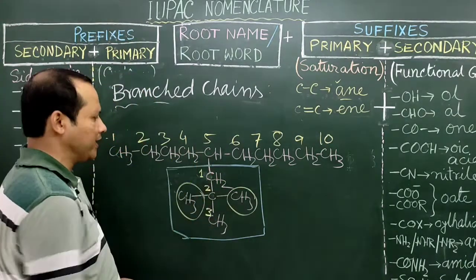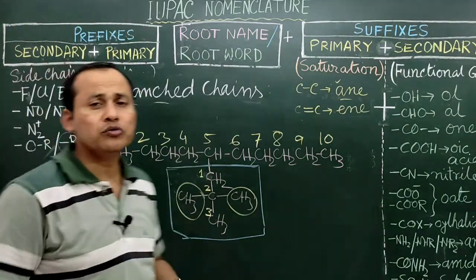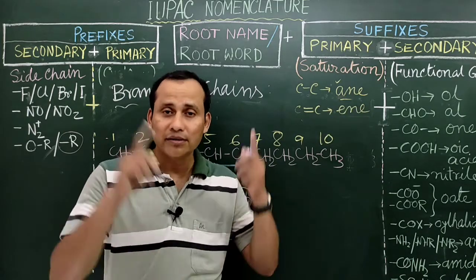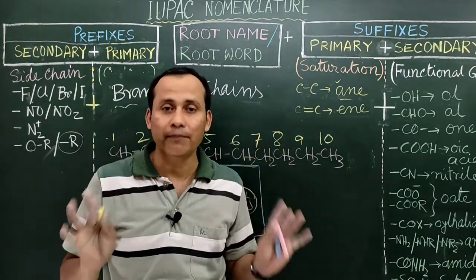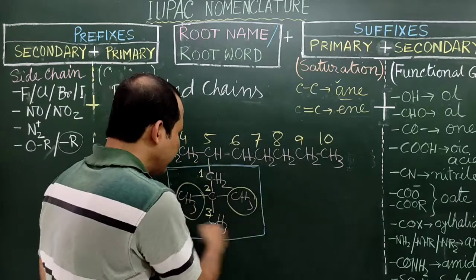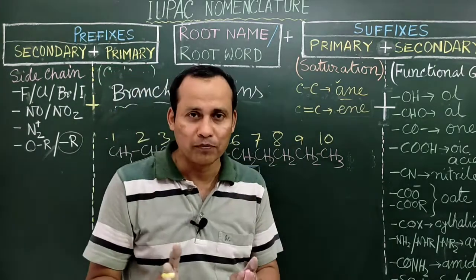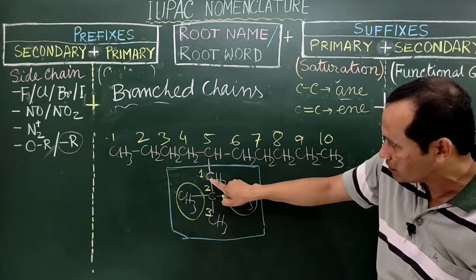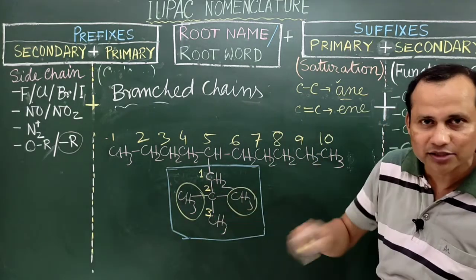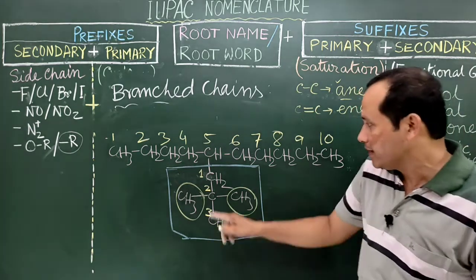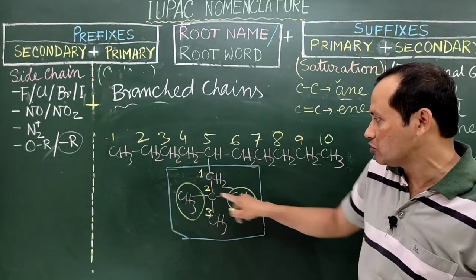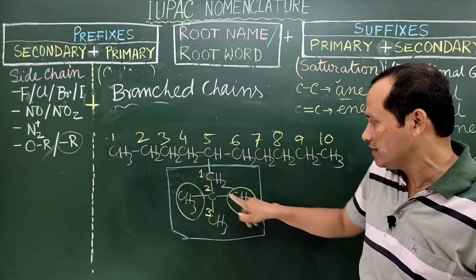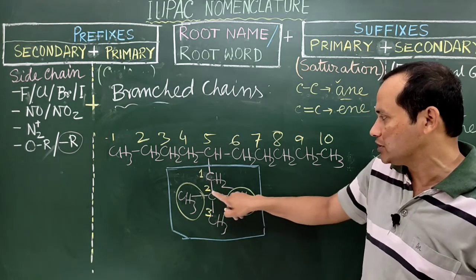Now if this be the case, how to write down the name of the compound? Again, don't think of this as complex. Take this one as a simple group. Now what is the name of this group? This is 3 carbon containing, so this is a propyl system, and since it is containing 2 side chains again, this is methyl which is on second, again another methyl which is on second.